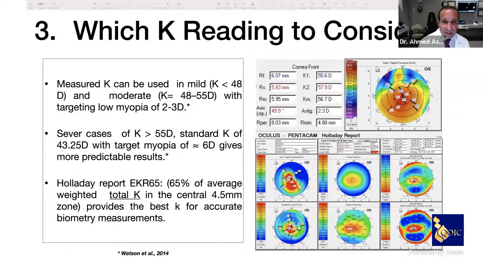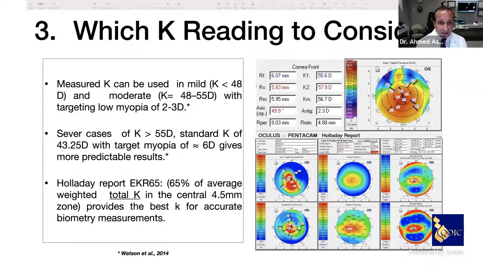In severe cases, it has been proved that the measured K reading is less predictable compared to using the standard K reading of 43.25 diopters after targeting a low to moderate amount of myopia.